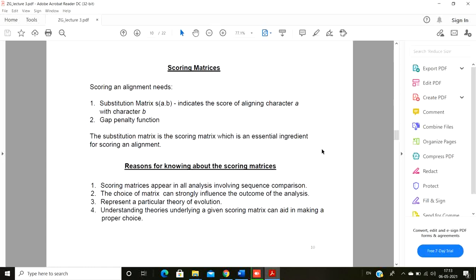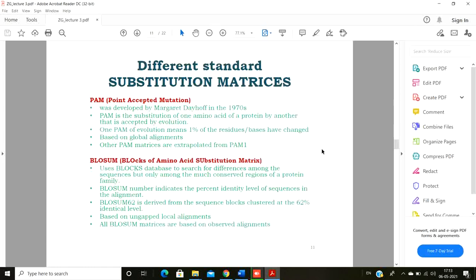This kind of substitution carries a much higher penalty. Okay, so these are not accepted mutations. Based upon this, people have developed a substitution list or matrix of what kinds of mutations are accepted by evolution, and that's how the PAM and the BLOSUM were developed. The PAM was developed by Margaret Dayhoff in the 1970s.